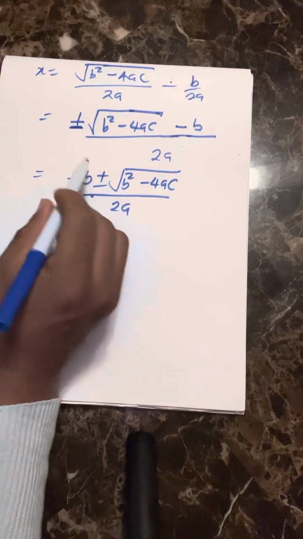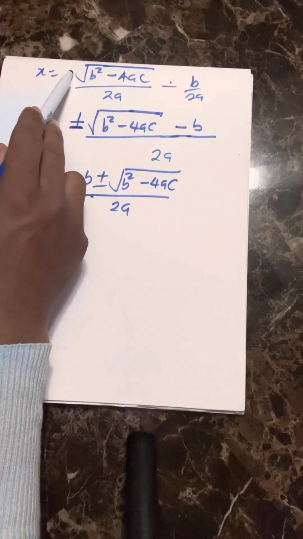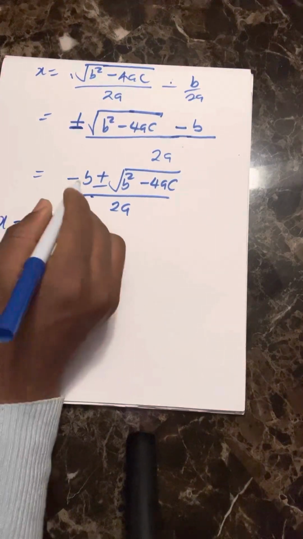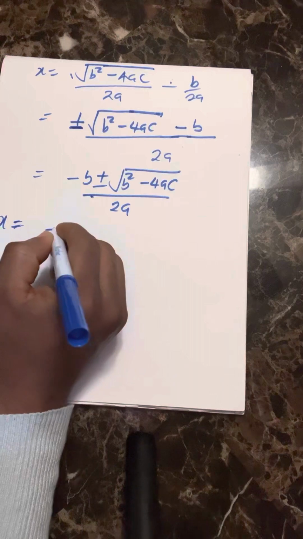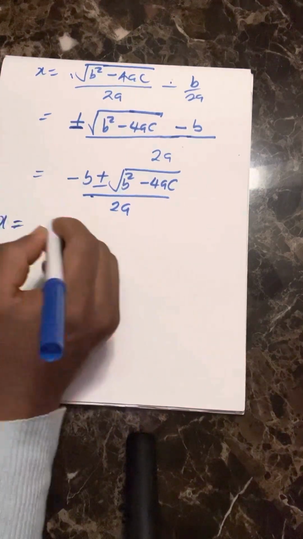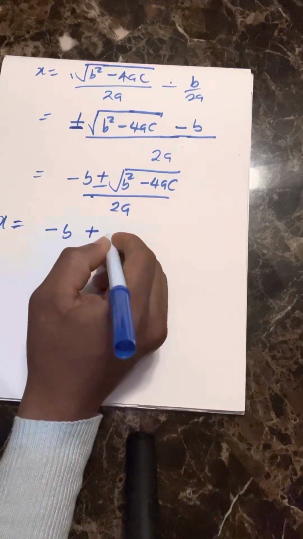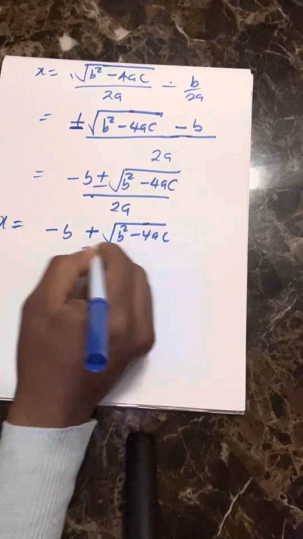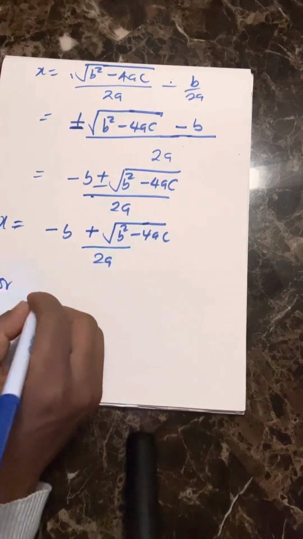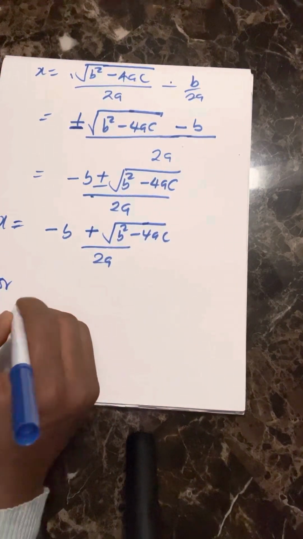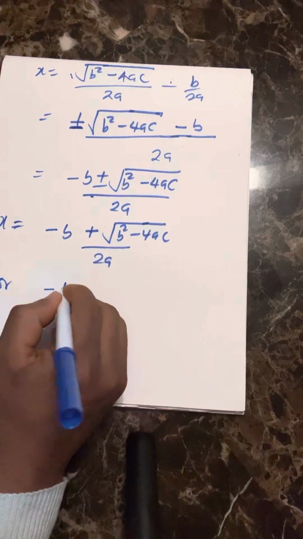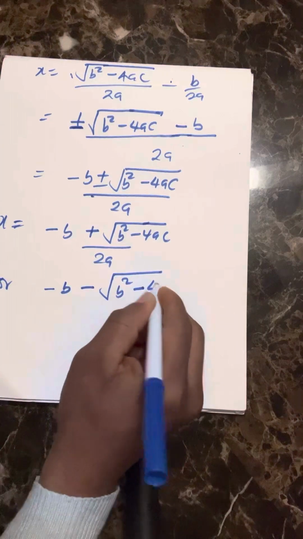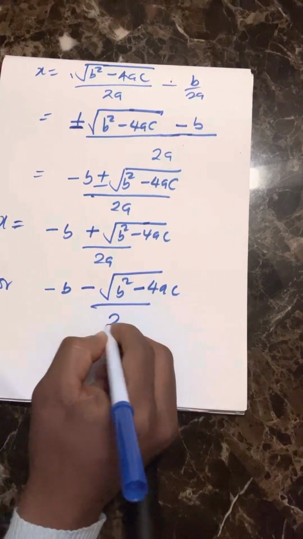Now bear in mind that our answer now, the two values of x, would be minus b plus the square root of b squared minus 4ac over 2a, or minus b minus the square root of b squared minus 4ac over 2a.